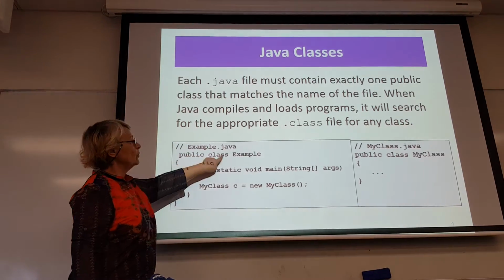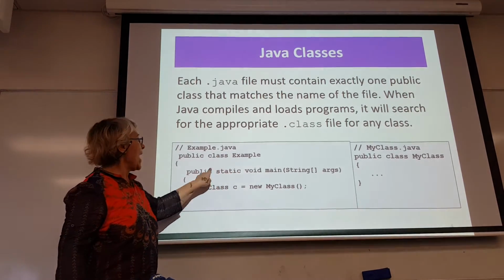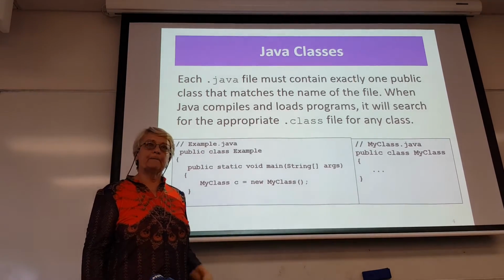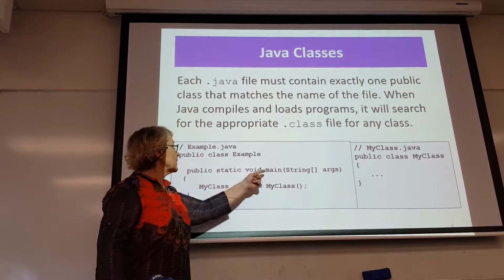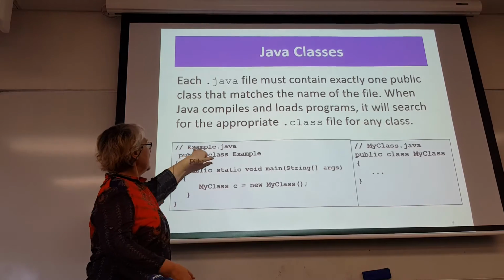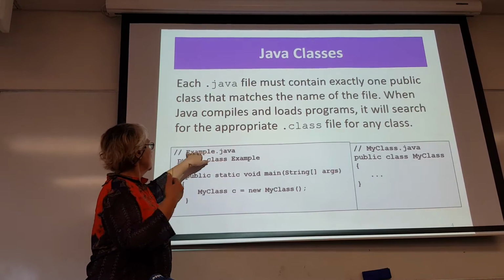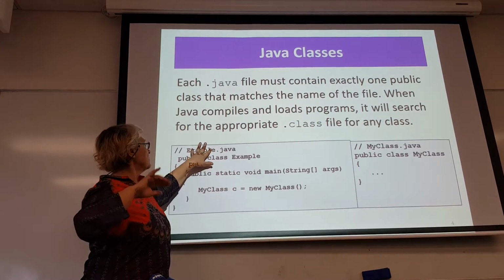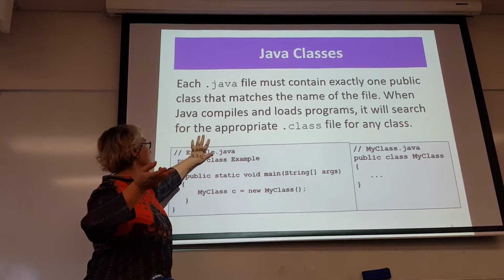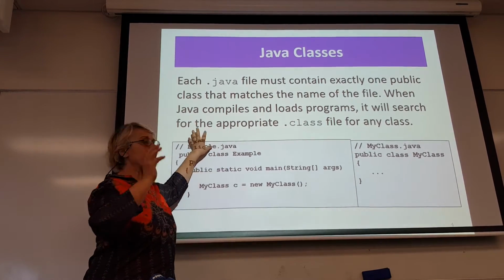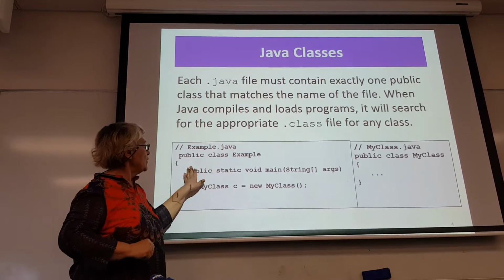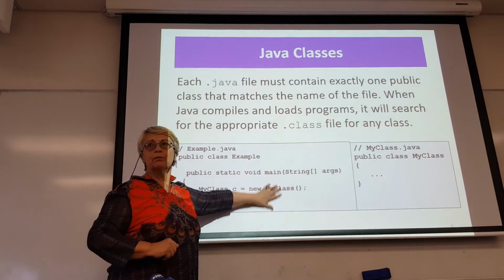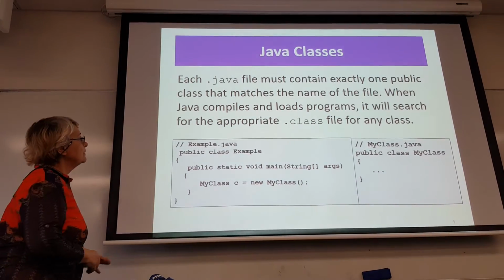Only one will be public, the one where the main function is implemented, because that will be the entry point, and you have to give the file that name. So your program for the optional will be Main, your file will be Main.java, and you will have public class Main, and here you will put your main method.